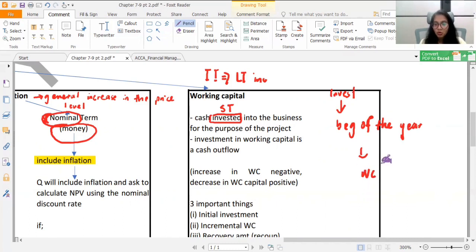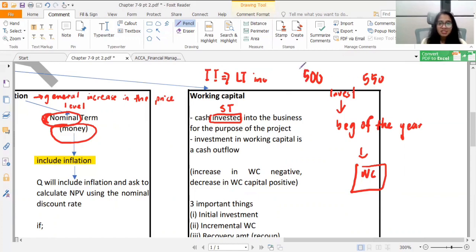After this, on a yearly basis, you need to top up this investment. So let's say today you invest $500. Next year, you need to invest $550.